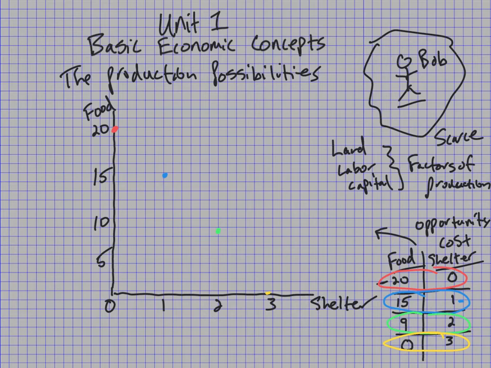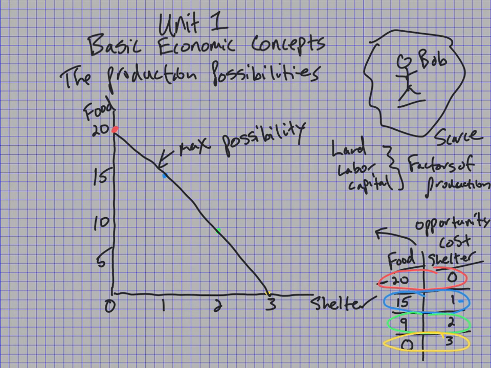All right? So our line is going to look something like that. Okay? Perfect. So this line represents our maximum possibility.